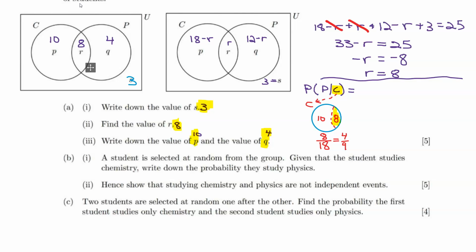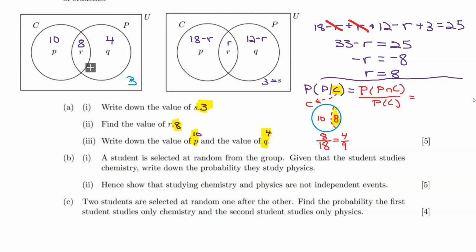You could also use the formula for conditional probability, which says do the intersection of P and C, divided by the probability of chemistry.